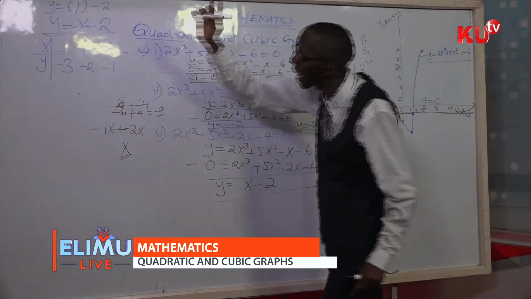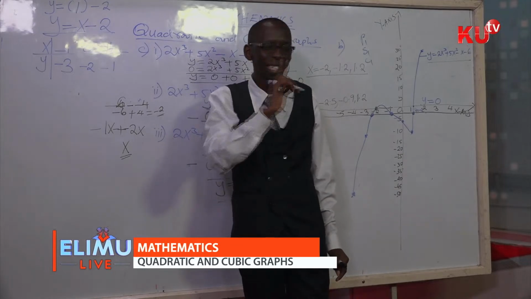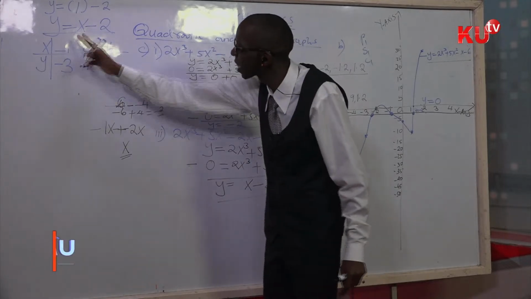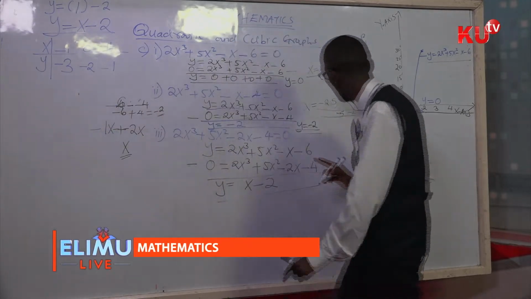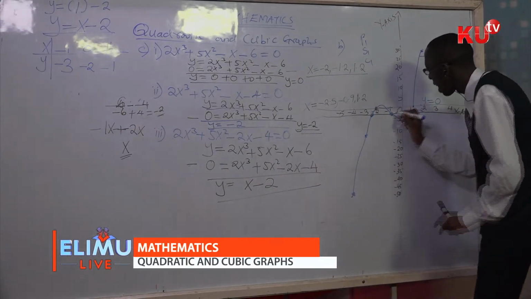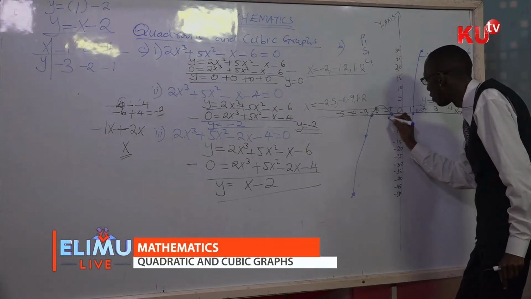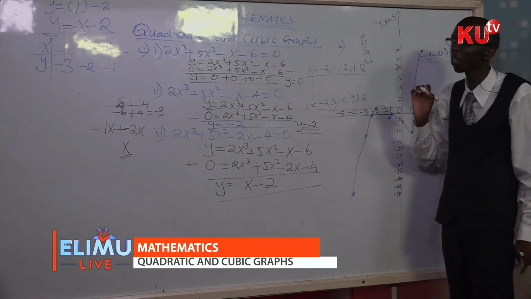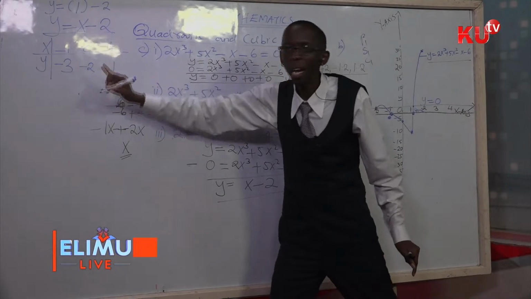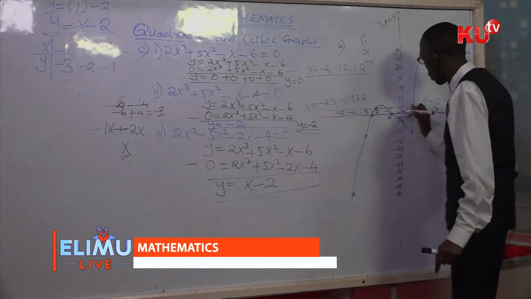Now, use these values of x and y back to your graph and plot them. It will give you a straight line. -1, -3 is there.